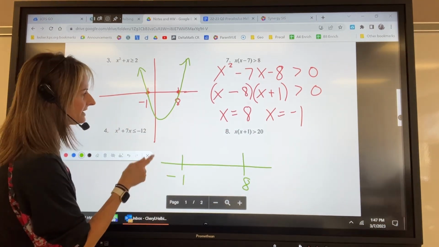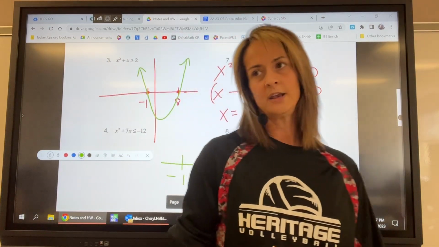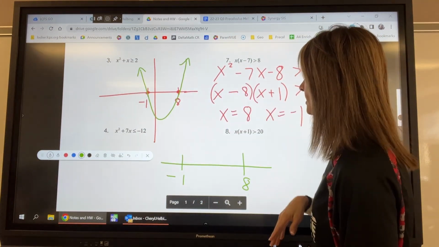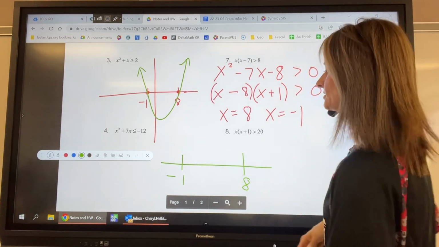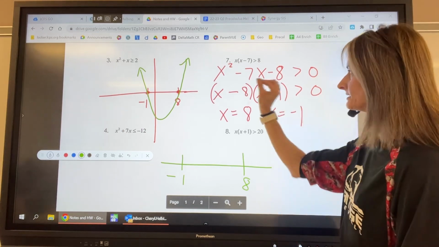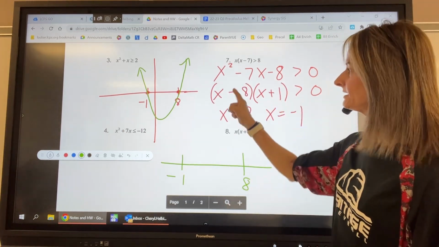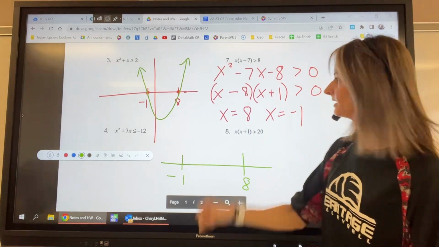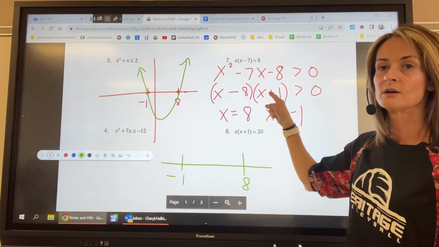So if I pick a value less than negative 1 and plug it into my equation, what are my y values going to be? Let's say I pick negative 2. We don't really need the value, we just need the signs of each of these factors. Negative 2 minus 8 is negative.